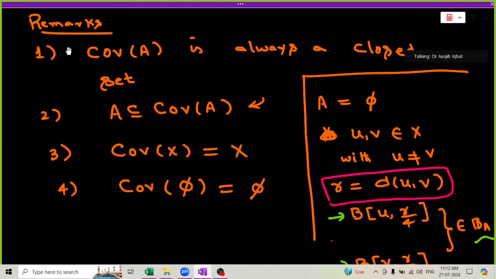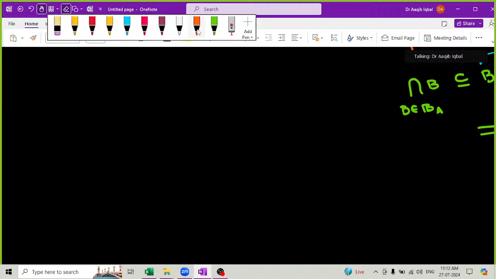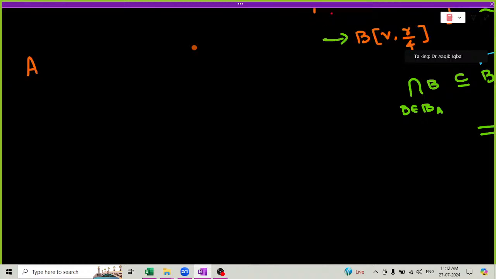अब ये जो मैं अभी आपको बता रहा था, A is always contained in the cover, but reverse inclusion may or may not be true. If it is true, we say the set is admissible. ये हमारी next definition होगी. Admissible sets.